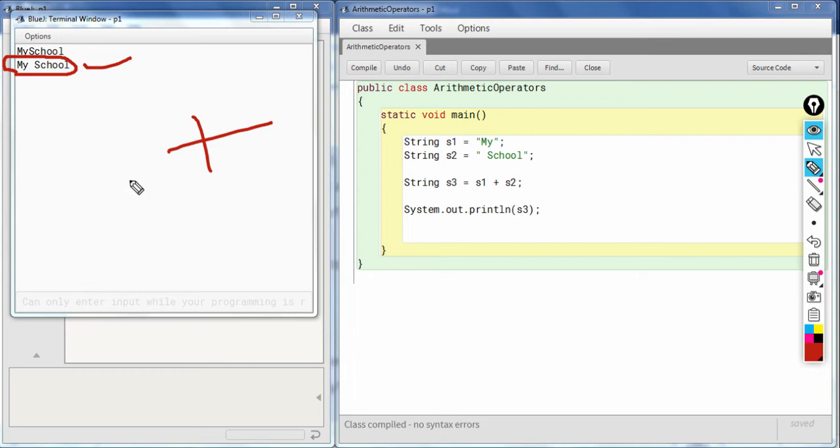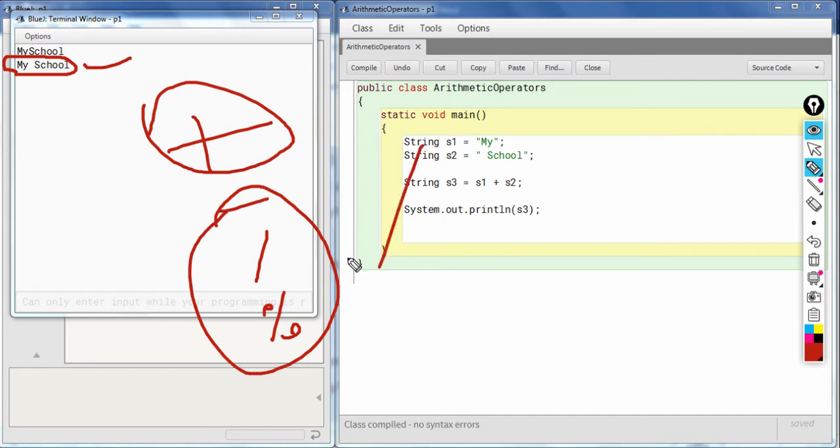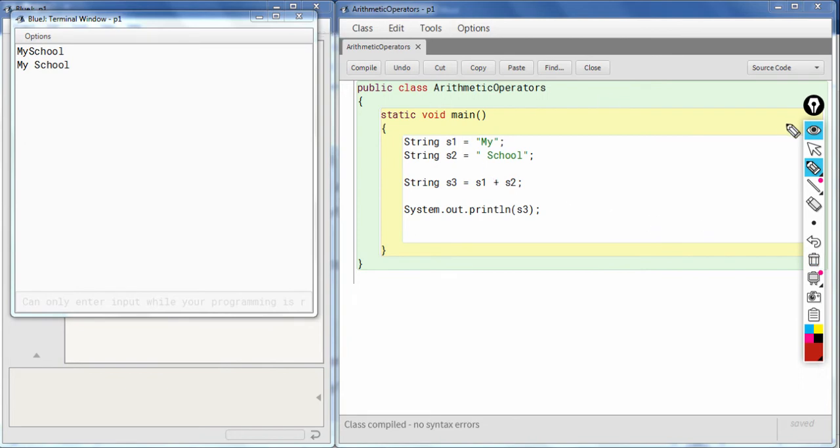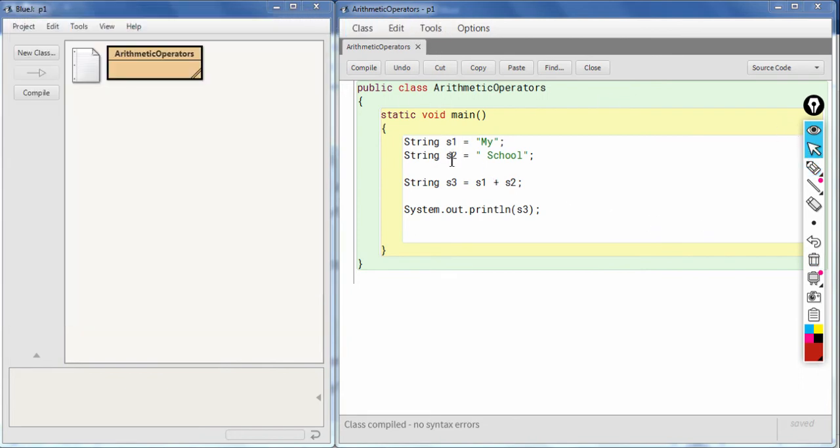So among the arithmetic operators, only the plus operator can be applied upon strings. Other arithmetic operators such as minus, division, remainder cannot work on strings. Let me just show you the example.